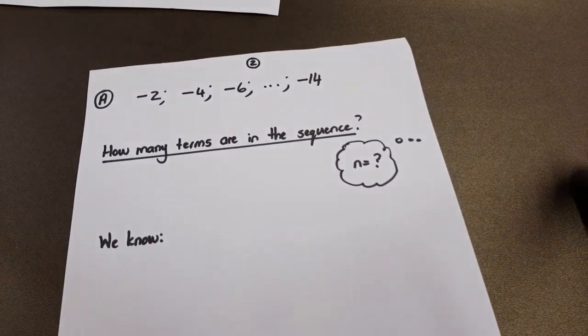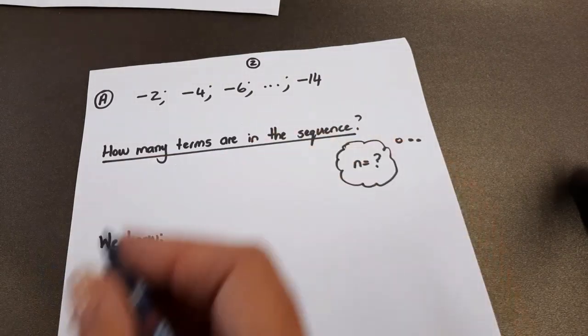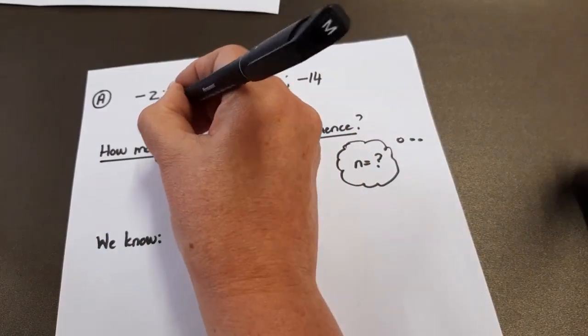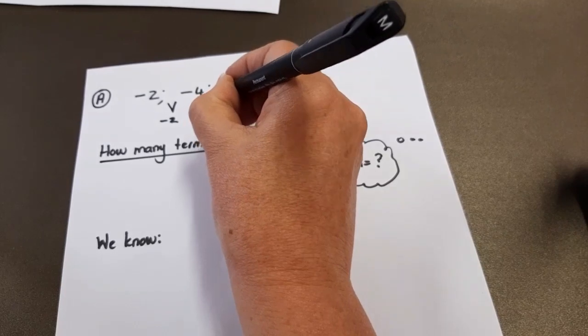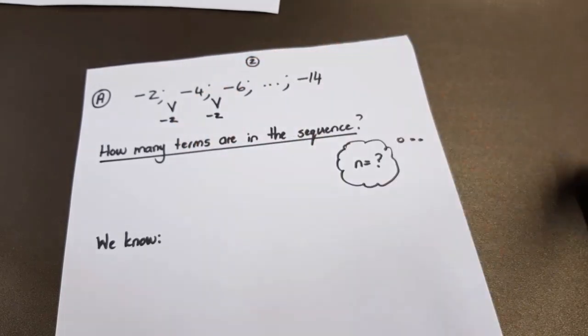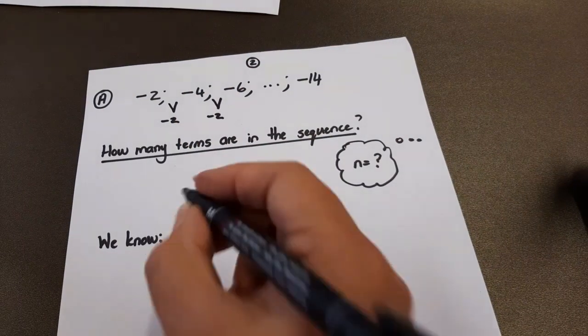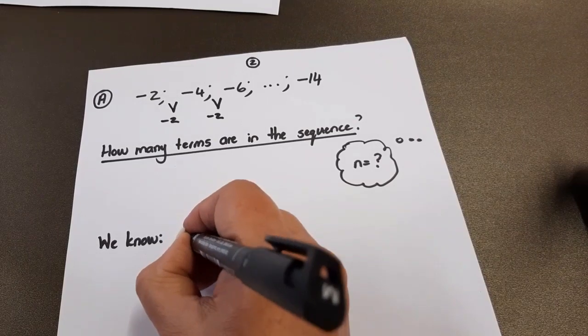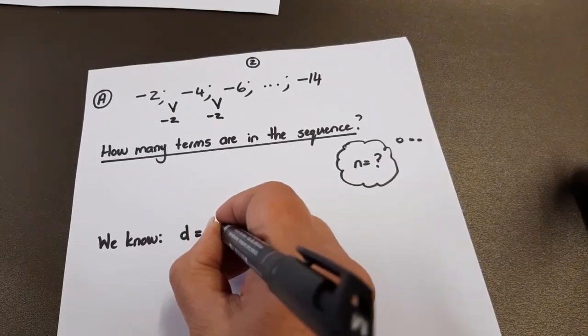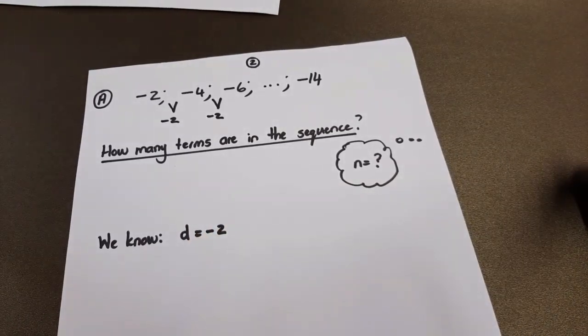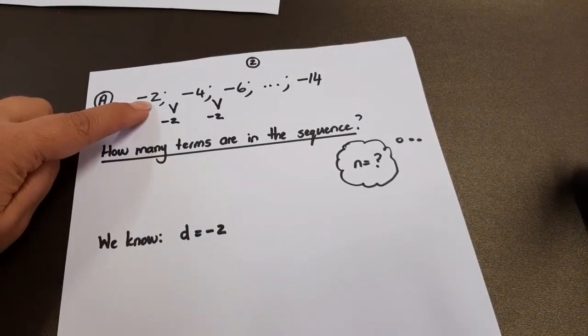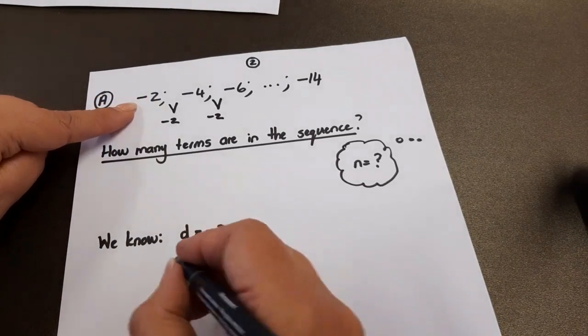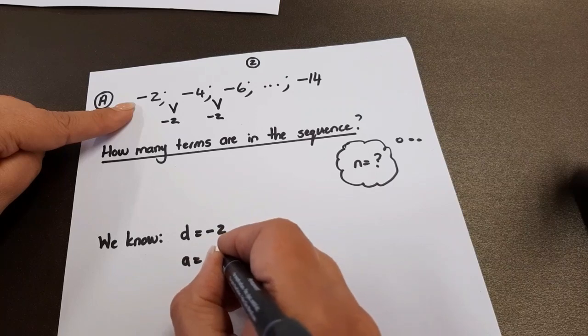Now, what do we know already? We know that the constant difference is -2. We calculated that on the previous page. So we know that d, the difference, is -2. We also see that our very first term, a, is -2.